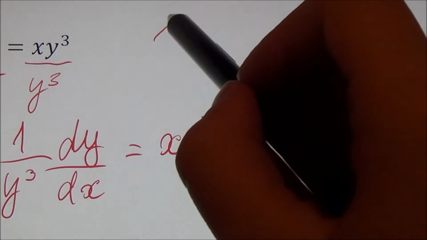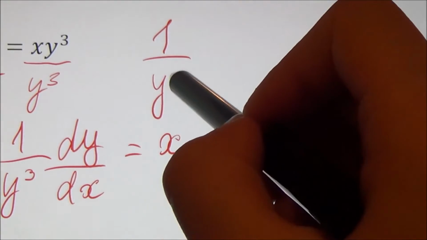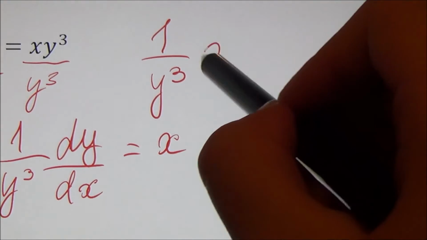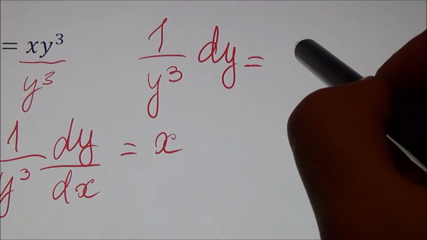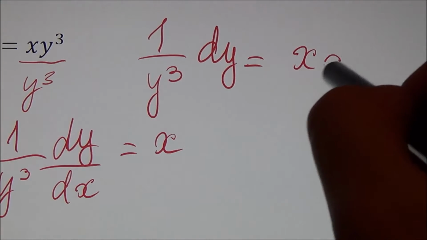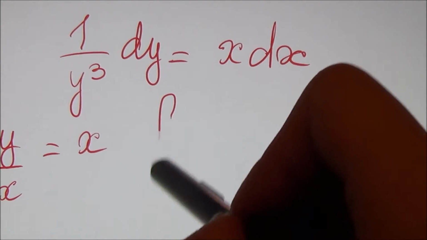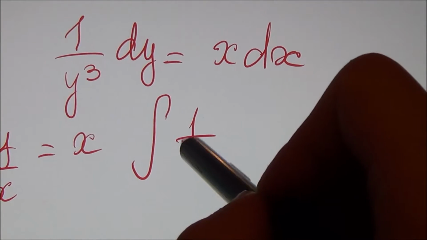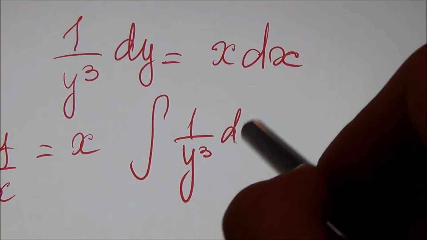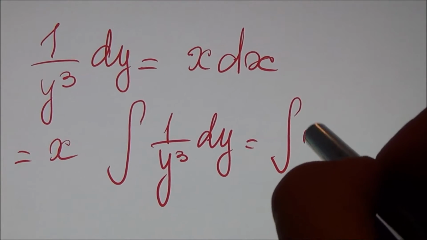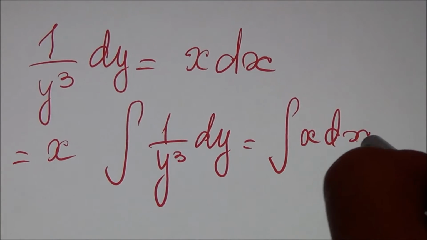So it will be 1 over y to the third dy equal to x dx. Now we can integrate. So the integral of 1 over y to the third dy equal to the integral of x dx.